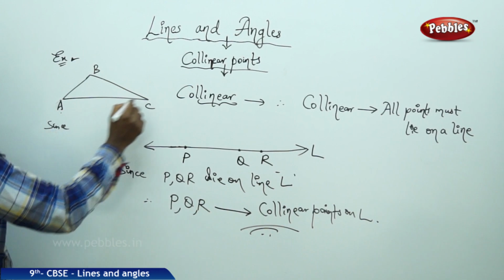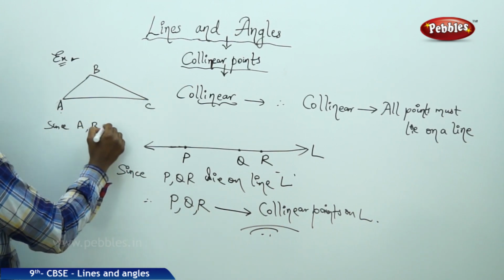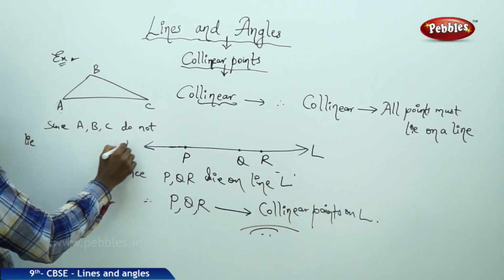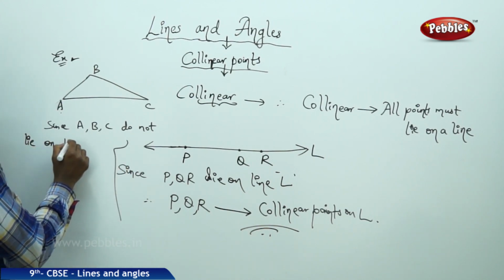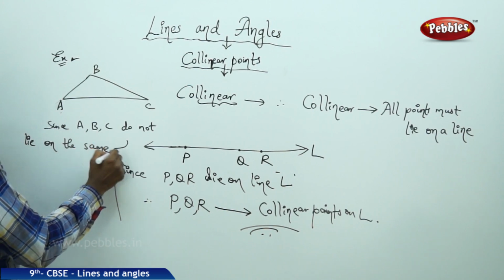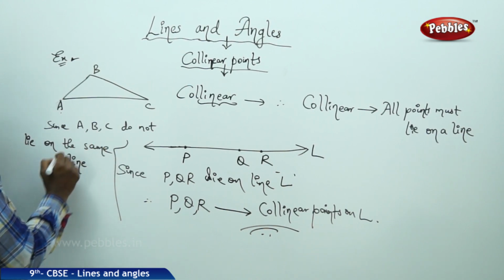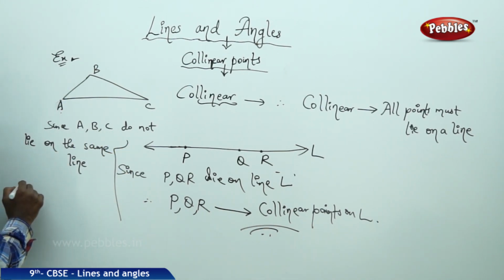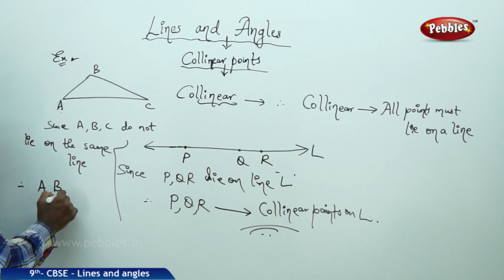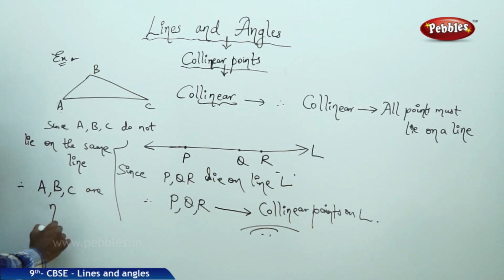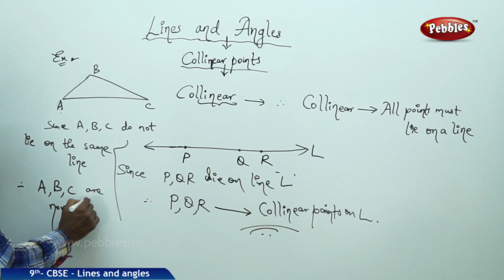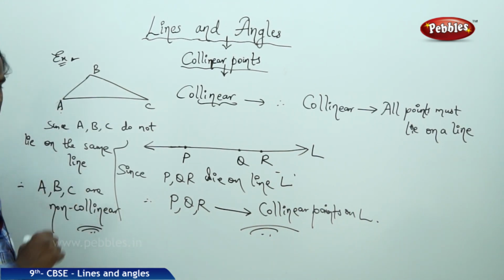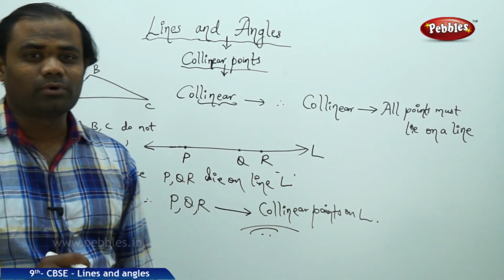Since A, B, C do not lie on the same line, therefore A, B, C are non-collinear. This is how we understand the non-collinearity of the points.